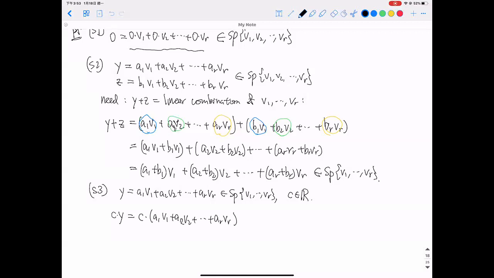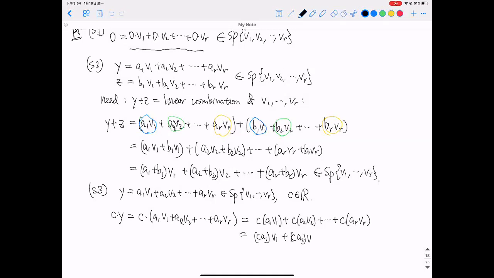Okay, C times Y by construction is C times this. And now again, you have properties of scalar multiplication that allow you to distribute this multiplication by C into each term. So c a1 v1, c a2 v2, c ar vr. And again, there's another property of scalar multiplication that allows you to combine two scalars multiplied together first before multiplying it to the vector.